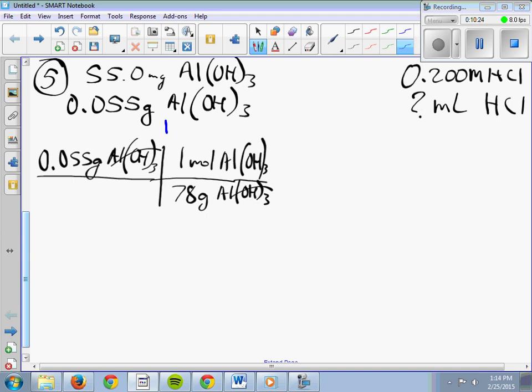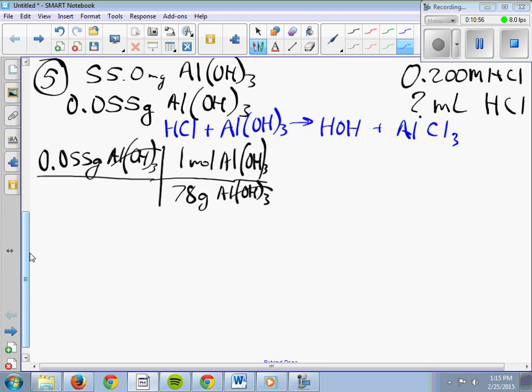So it would be HCl plus AlOH3 yields water and salt. So I'll just put my water in there, and it's easy to balance that way, plus aluminum and chlorine. Aluminum is a +3. That's kind of an oddball over here. And then chlorine's a -1.